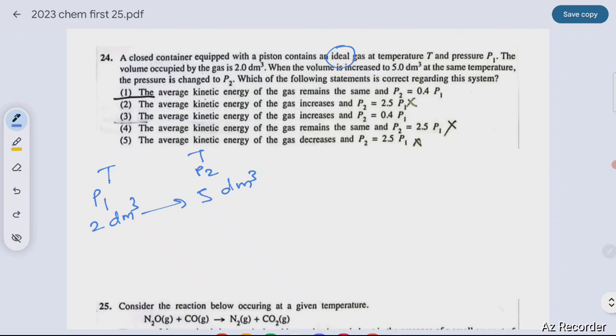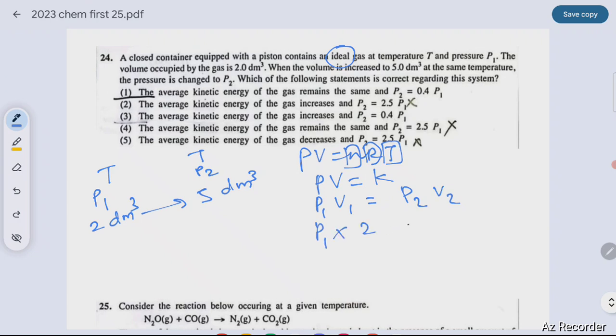The temperature is constant, and the pressure and volume have changed. In PV equals nRT, n, R and T are constant, so PV equals constant. That is Boyle's law. So we can apply P1V1 equals P2V2: P1 times 2 dm cube equals P2 times 5 dm cube.